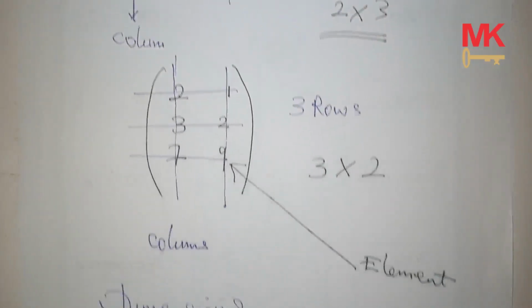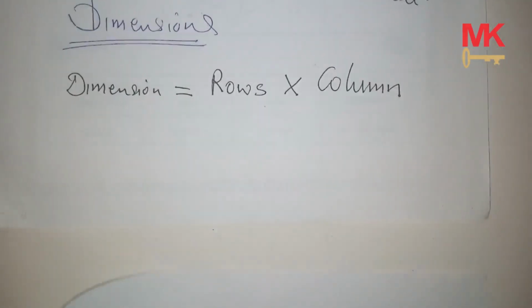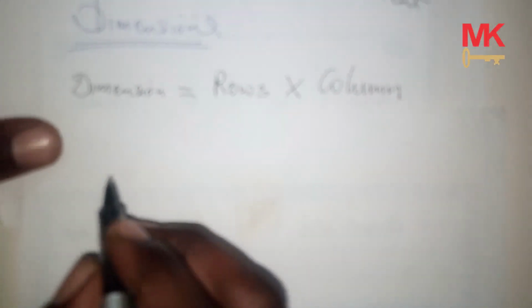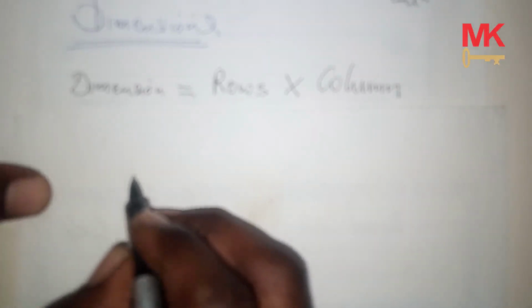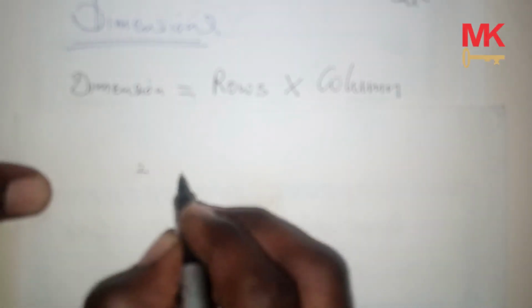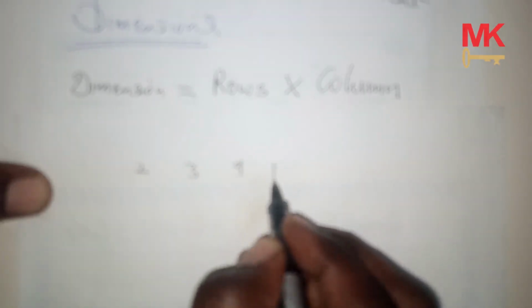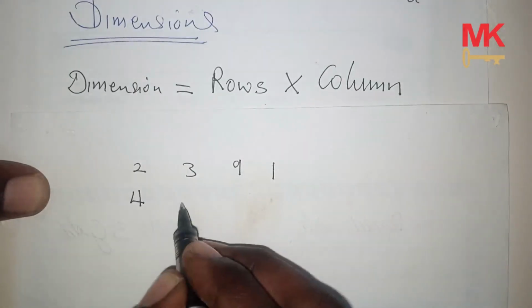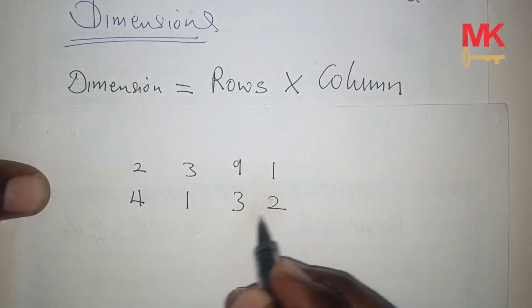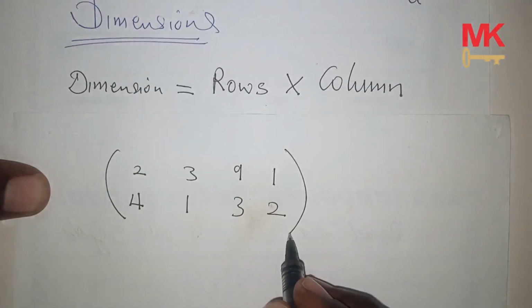Before we talk about that, let's finalize on the dimensions of the matrix. Let's look at more examples. If we have 2, 3, 9, 1, 4, 1, 3, 2, what is the dimension of this matrix?